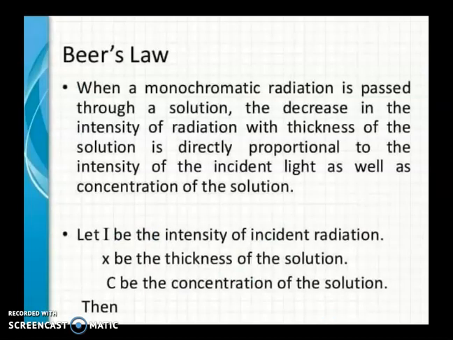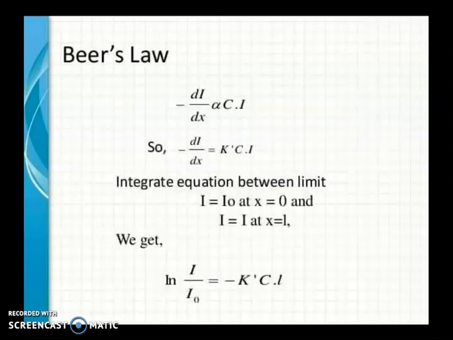Now Beer's law. When monochromatic radiation is passed through a solution, the decrease in intensity of radiation with thickness of the solution is directly proportional to the intensity of the light as well as the concentration of the solution. Let I be the intensity of incident radiation, x be the thickness of the solution, c be the concentration of the solution. Then minus dI by dx is directly proportional to cI, so minus dI by dx = kcI. Integrate the equation between limits I = I0 at x = 0, I = I at x = l.